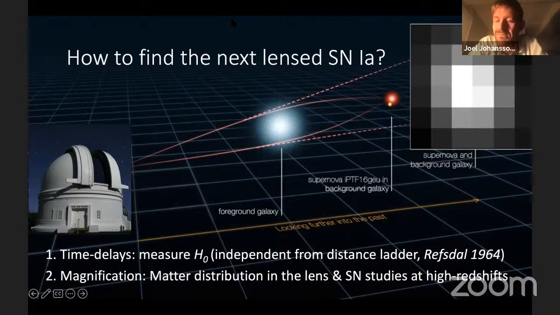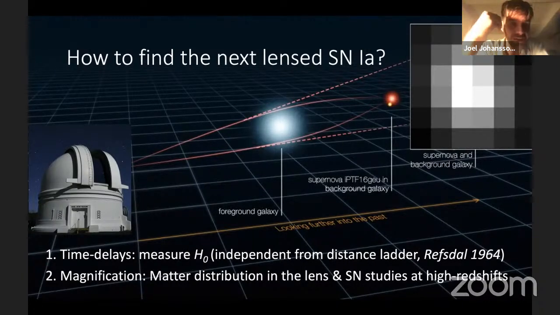Nature gives us a rare chance that a supernova at some great distance will have a foreground galaxy exactly along the line of sight, and then you can have these strong gravitational lensing effects where the light is not only magnified, but also you get multiple images of the background source.